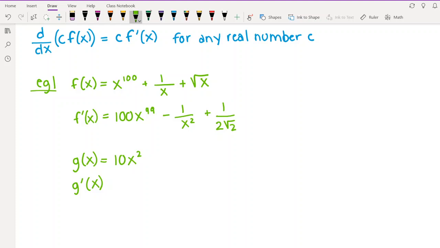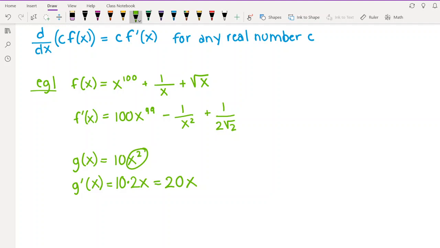It basically tells us that you can focus on taking the derivative of the power rule part, and then multiply that by 10 at the end. We know that the derivative of x squared is 2x, and then we multiply that by 10. And so altogether, we get 20x.